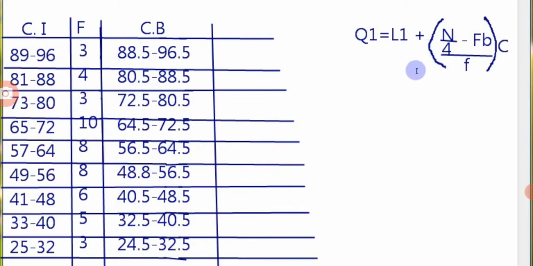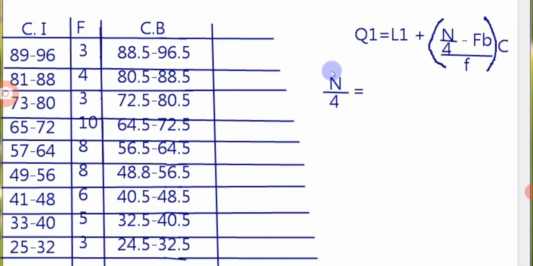Then we look at the formula we have, the lower bound. The next thing we are to determine before we compute our quartile is N over 4. This N over 4 talks about the summation of frequency. We first need to know what our N is before we divide by 4.